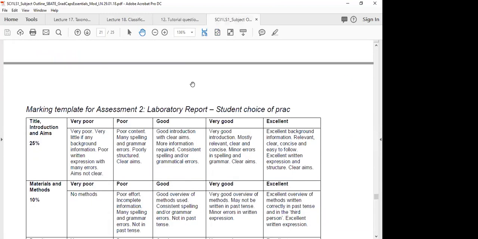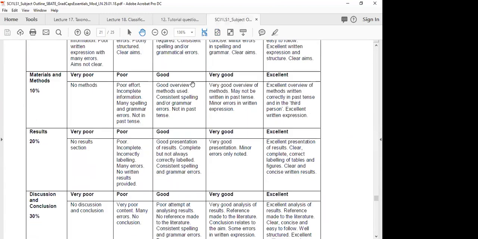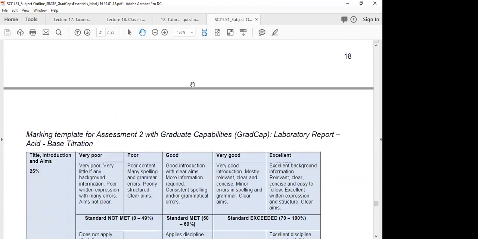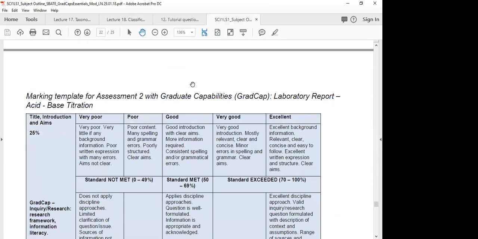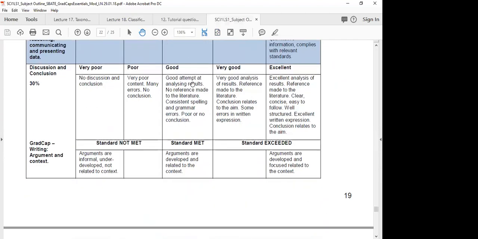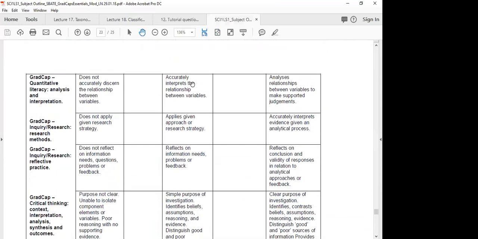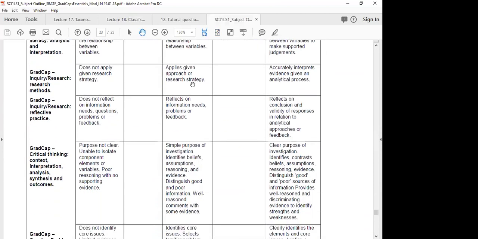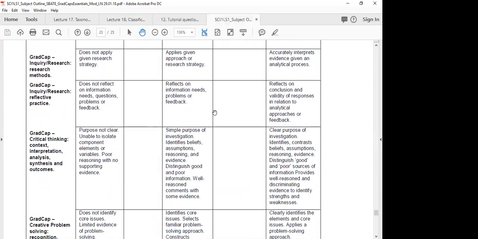And I'll just show you where the reflection is. So here's the marking template for the acid-base titration prac. Here we go. This is the part that relates to the reflection. It reflects on conclusion and validity of responses in relation to analytical approaches or feedback.